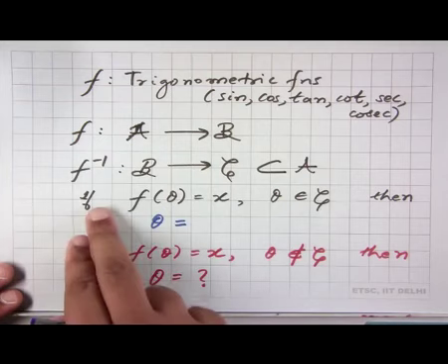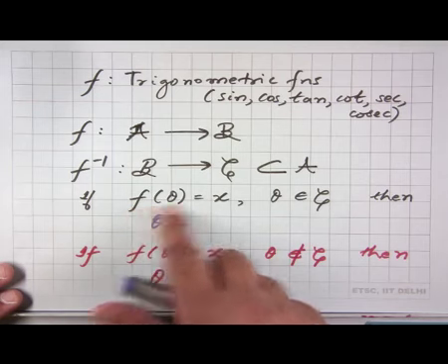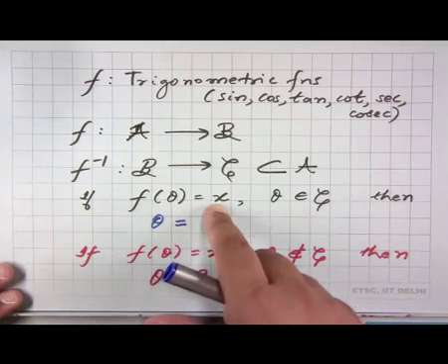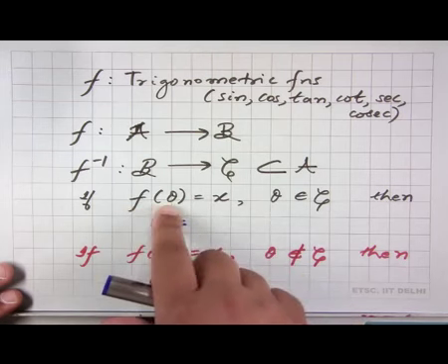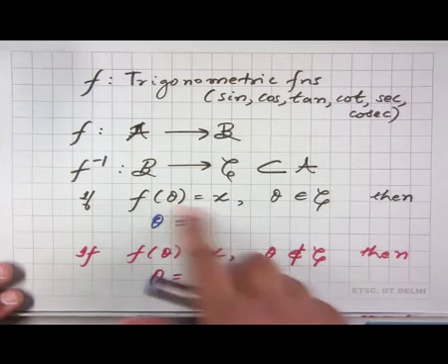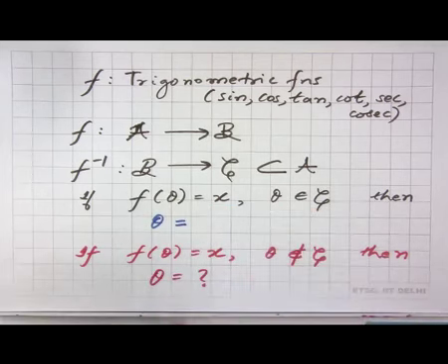So, the general problem is that suppose we have to solve this equation where we have to find theta. The value of x is given and we have to find theta such that f of theta equals x. Now, if we are told that theta belongs to the range set of f inverse, then the solution is very easy.